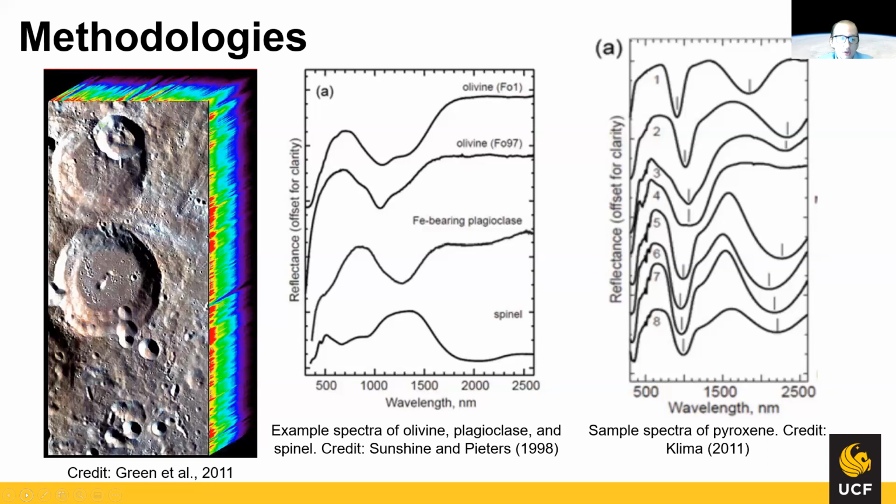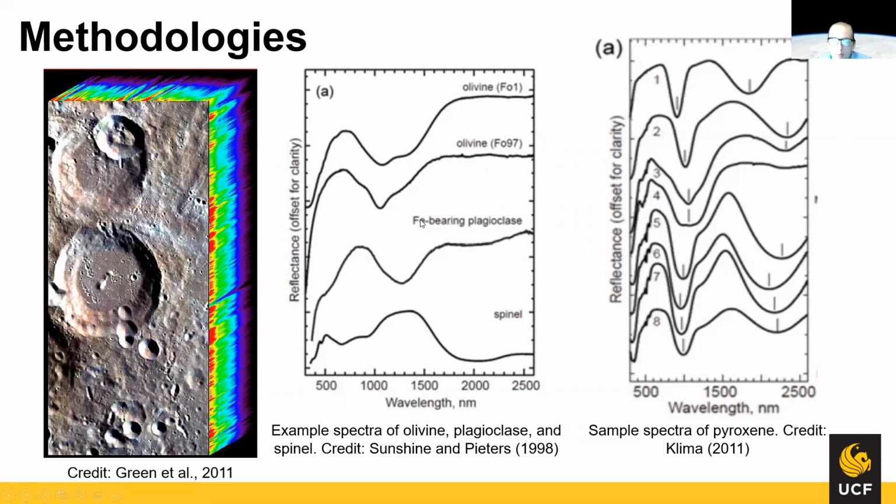So as seen in the figures on the right, different rock-forming minerals on the Moon can produce these distinct absorption bands. The typical minerals that are found in lunar igneous rocks are included here, which include pyroxene, olivine, and plagioclase.